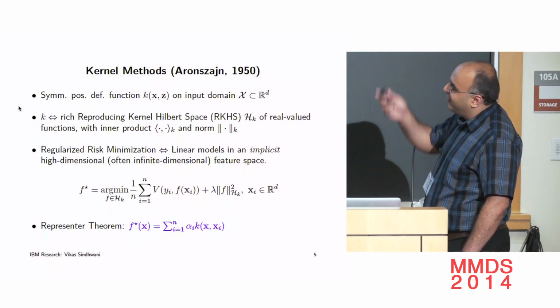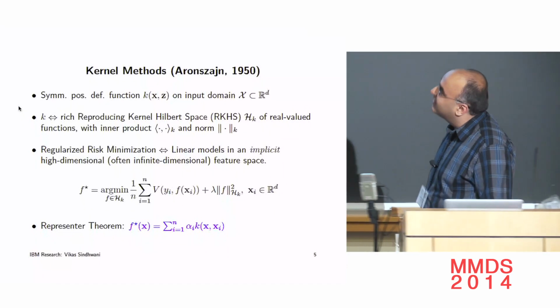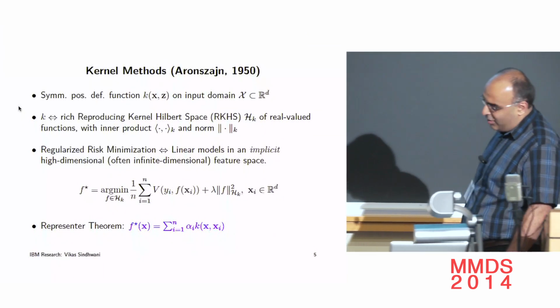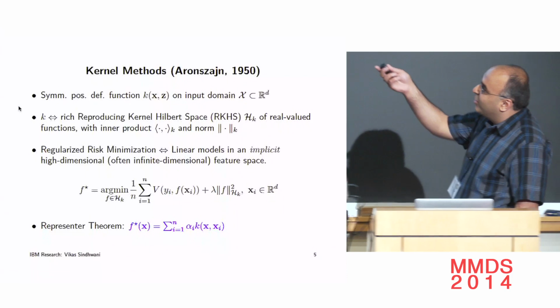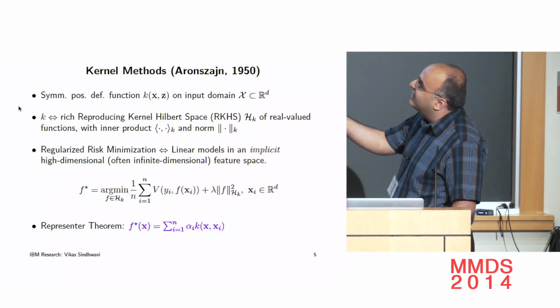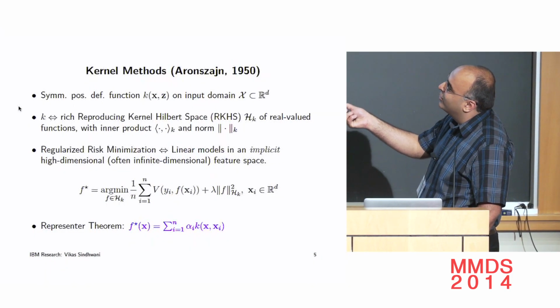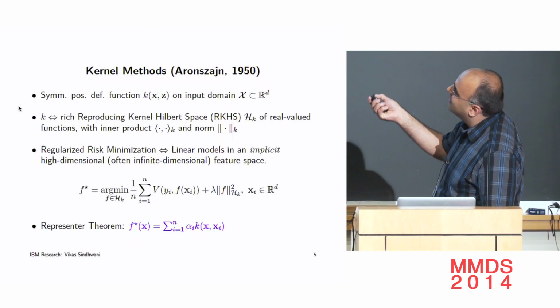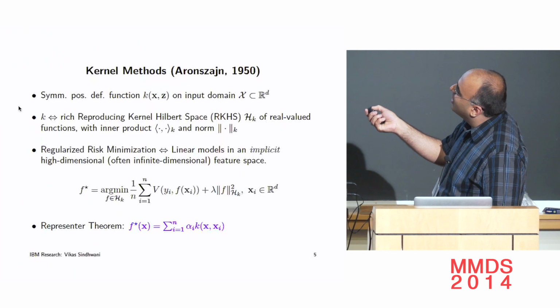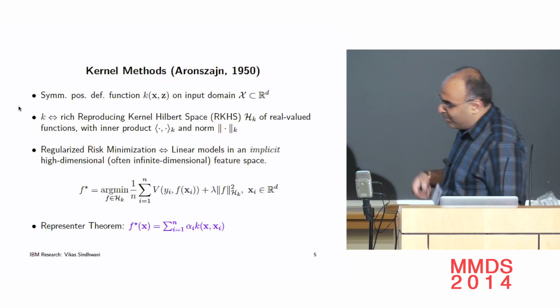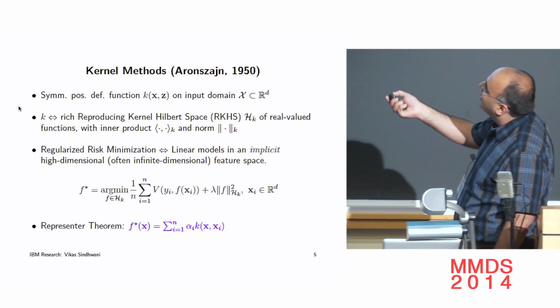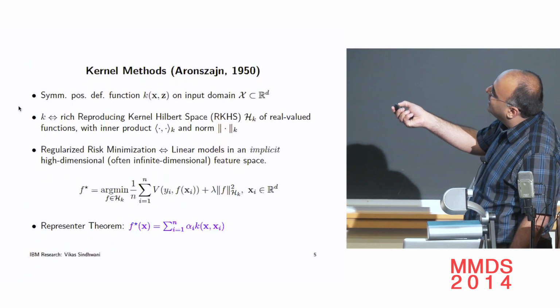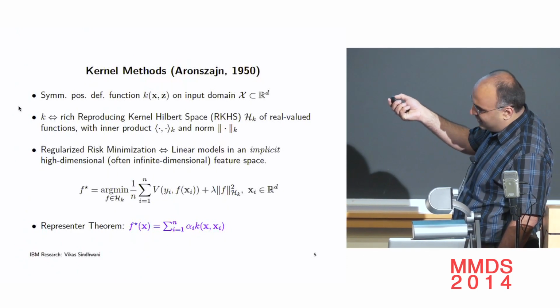So this is a function space with an inner product denoted as follows, and a norm. And you can do regularized risk minimization in this hypothesis space. So you're trying to optimize a mix of a data fit, a loss function, plus a regularizer. So the norm gives you control over the complexity of functions, and you optimize this over the RKHS associated with the kernel.